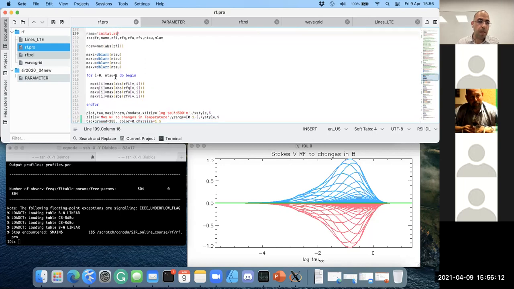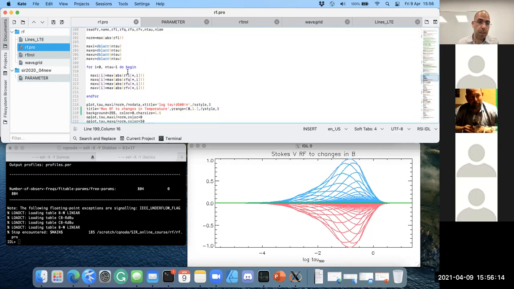The idea is that I'm doing a loop in IDL, and for each optical depth point I'm computing the maximum for all wavelengths of, in this case, Stokes I, Q, U, and V. So imagine, in this example, this is Stokes V, and this is the response function to B, the field strength. So I'm computing the maximum at each height for all wavelengths.